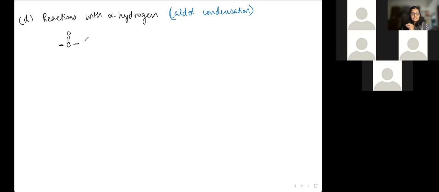If there is at least one neighbor that has a hydrogen atom attached to it, obviously formaldehyde we are going to disregard, but everything else, like acetaldehyde, acetone, butanol, whatever there is, if you have a CH in the neighbor of the C double bond O, this particular hydrogen, the alpha hydrogen, is going to be acidic.